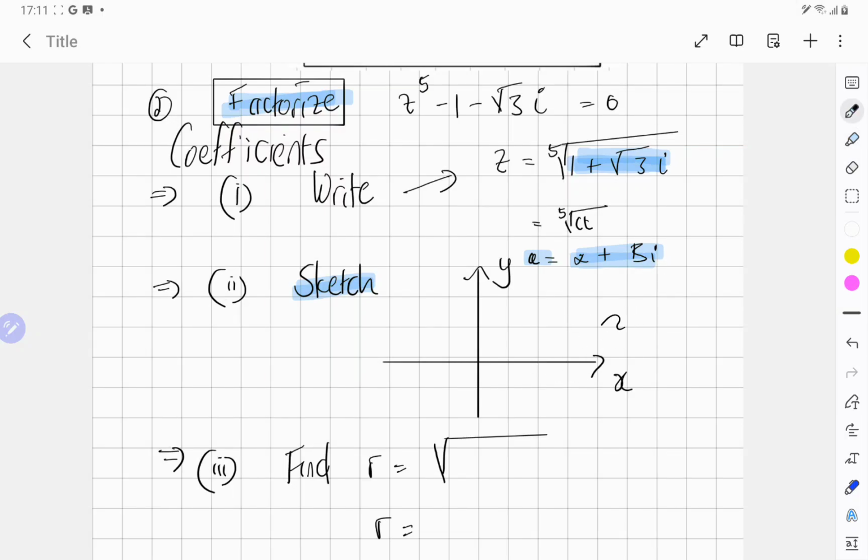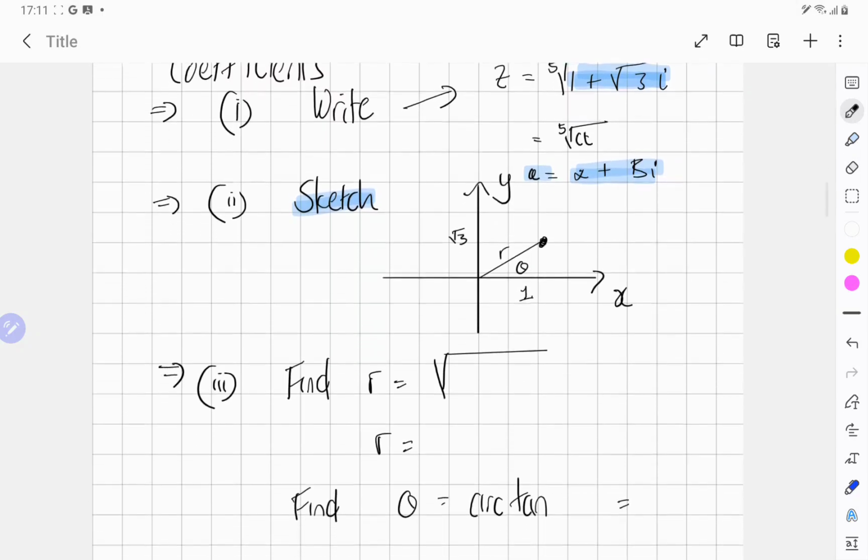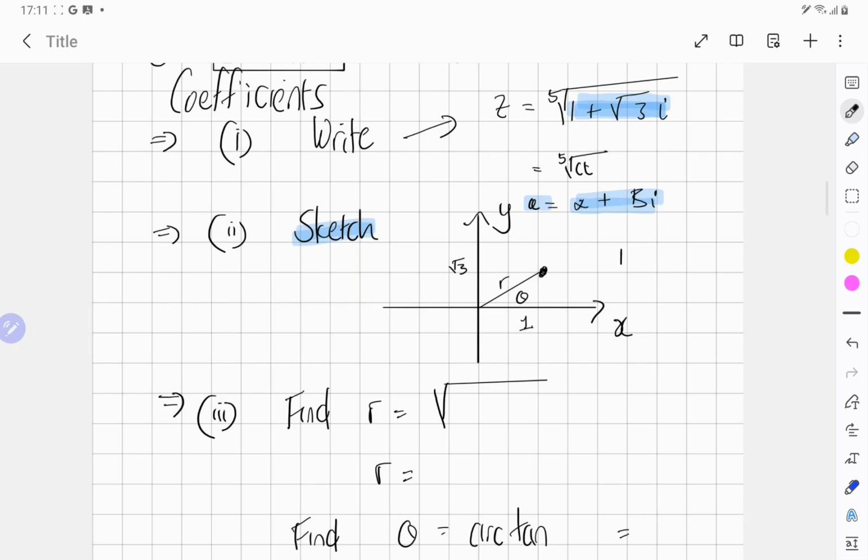So that means that x is 1 and y is root 3. So we're going to find r and we're going to find theta. But remember what I said, it's very important which quadrant we're working in. Hence the fact that I am sketching.